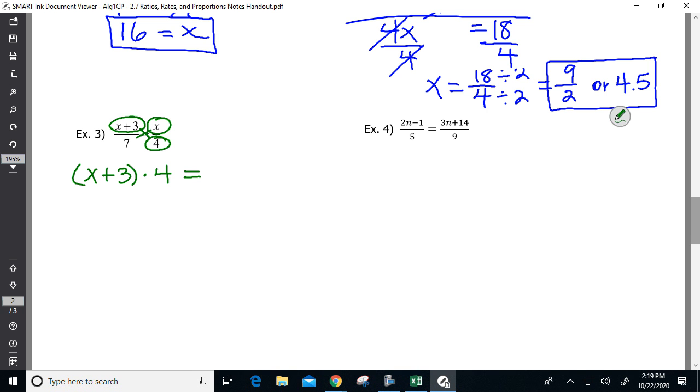X gets multiplied times 7. Now, if you don't like the number behind the parentheses, you can always put it in front of the parentheses. That doesn't change what you're going to have to do.